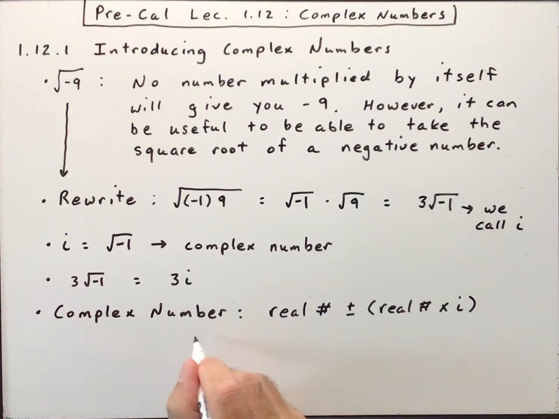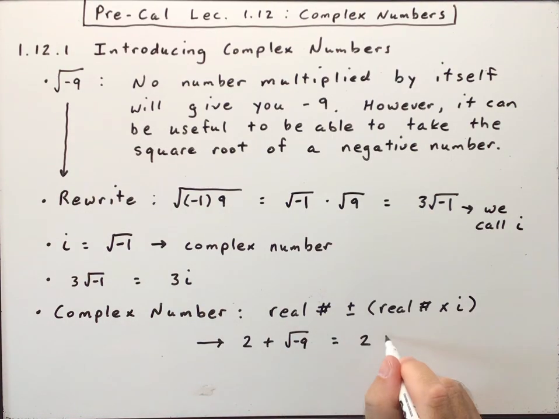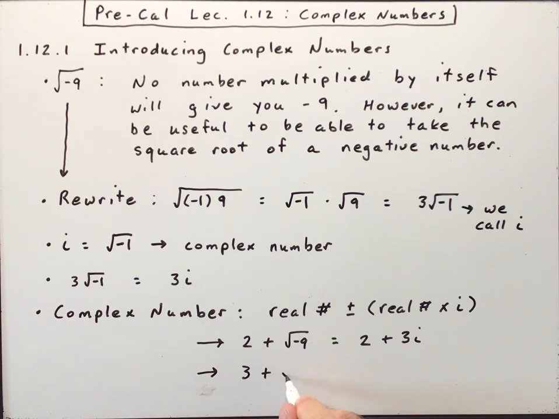For example, 2 plus the square root of -9, we would just write that as 2 plus 3i. Or 3 plus the square root of -25, we would write that as 3 plus 5i. So this is the real part, and this is the complex part.